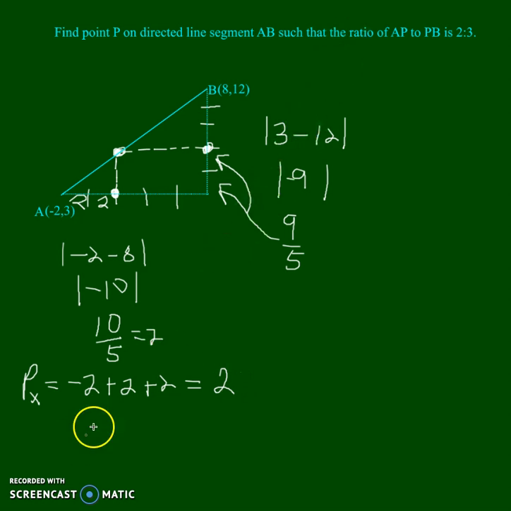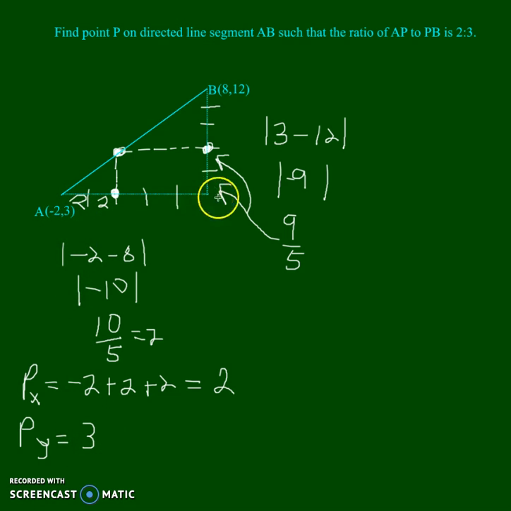Now we're going to do the y component of point P. We're going to start at the y coordinate of our starting point. We're starting from point A because we're going from A to B. So the y coordinate is 3.